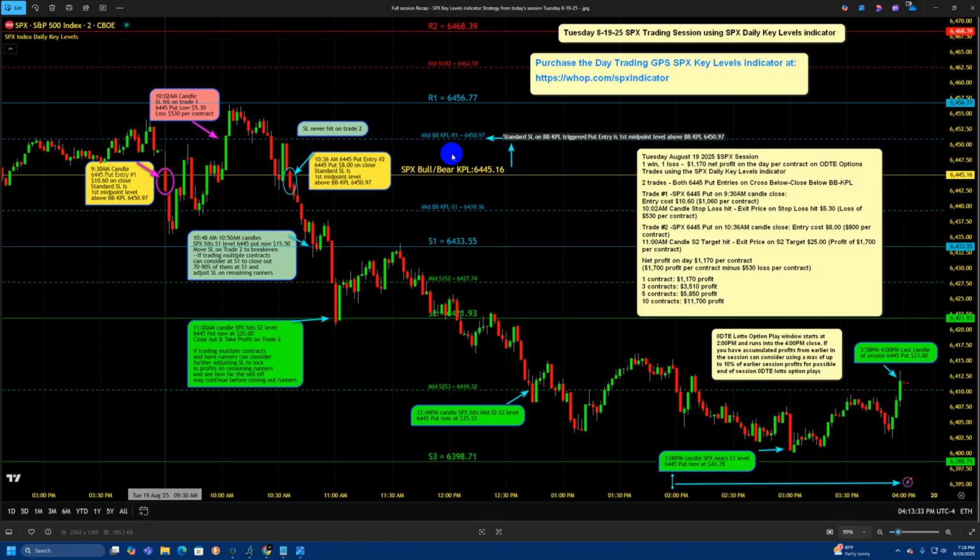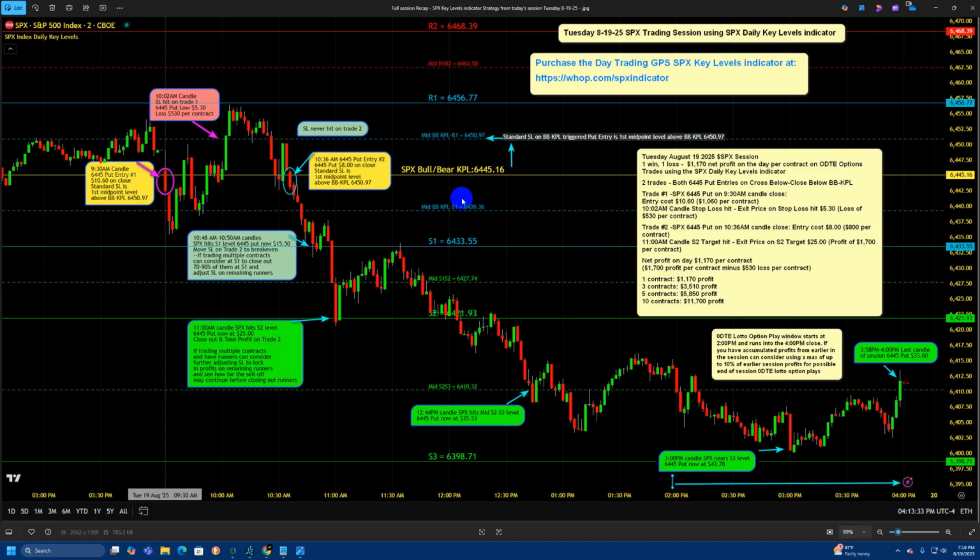Alright, so your levels above the BBKPL and below the BBKPL are primarily your take profit levels as well as stop loss levels, depending on what type of entry that you're using.